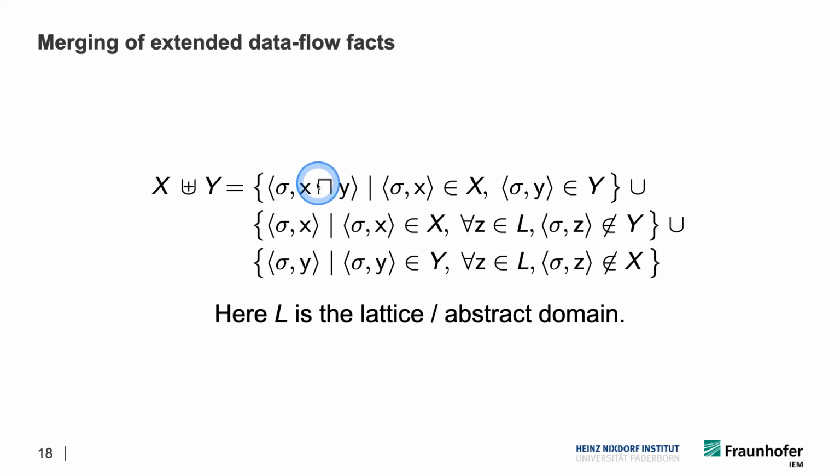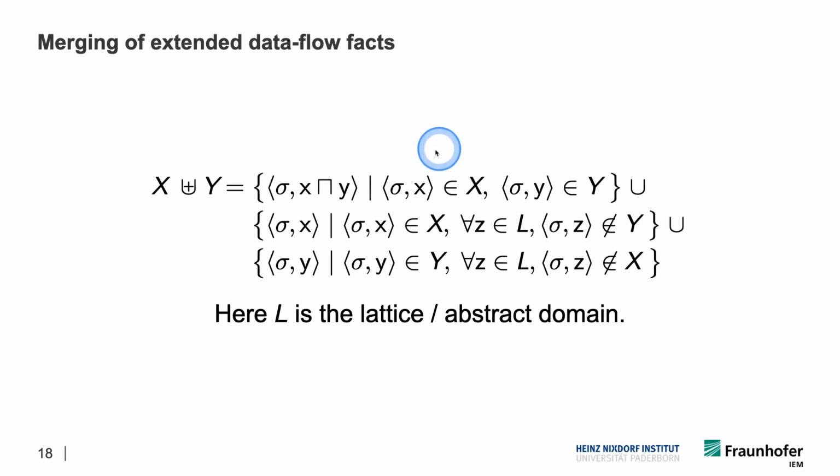We merge them using whatever merge operator you would have chosen also in your context insensitive analysis. This operates only on the bare data flow values, and you create a new fact that associates the resulting fact with the same calling context string that we had earlier. It's one and the same because this was identical on both sides to begin with.